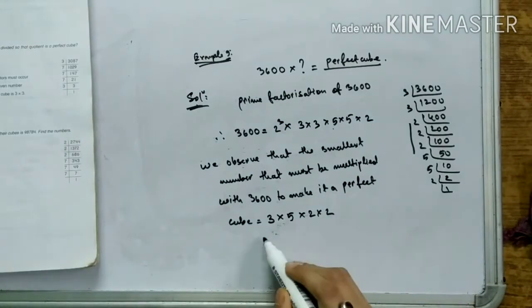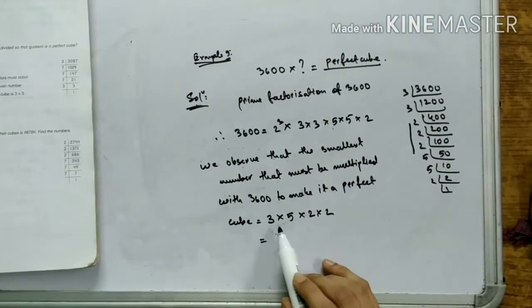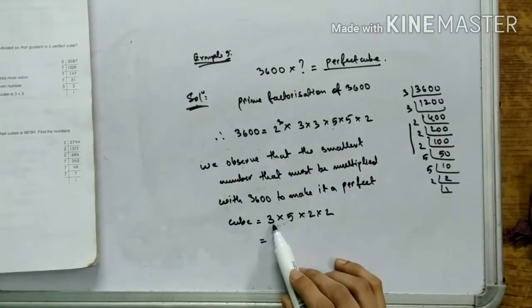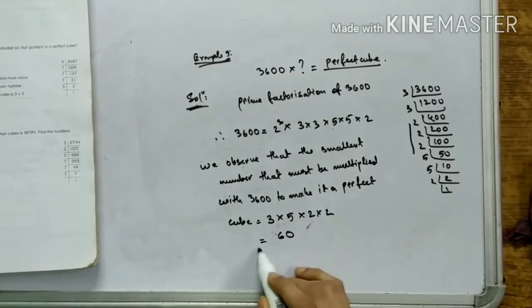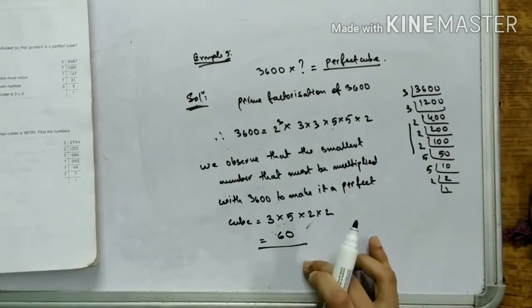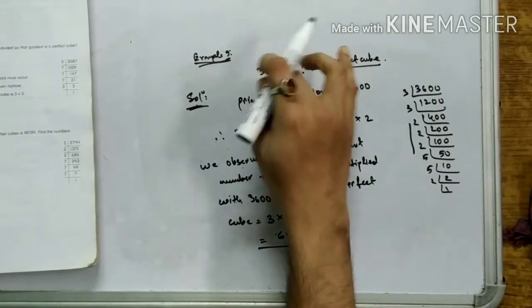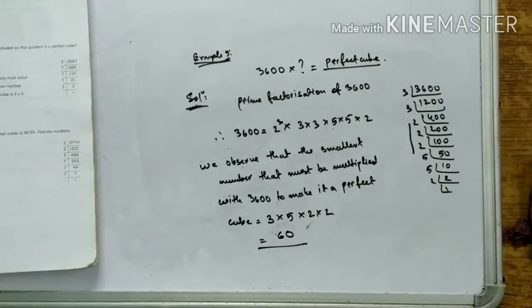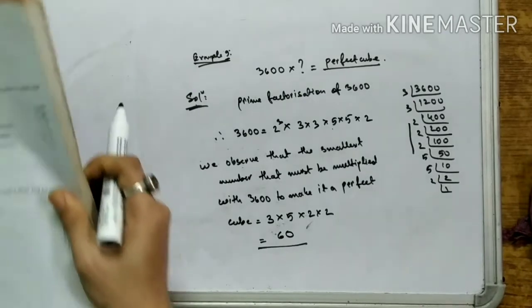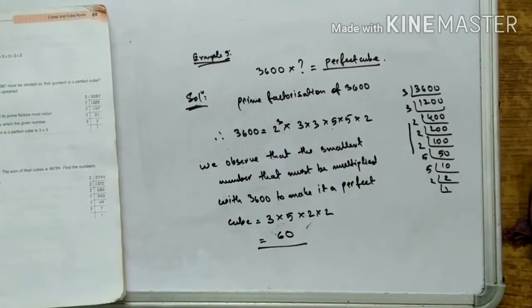Understand? This equals, 5 3s are 15, 15 2s are 30, 30 2s are 60. So 60 is the smallest number that must be multiplied with 3600 so that the product becomes a perfect cube.